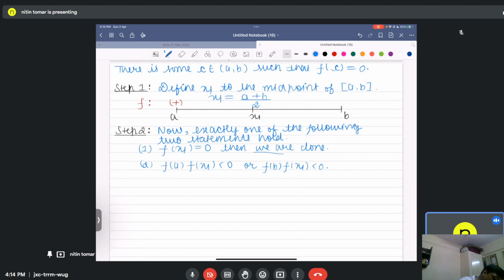So if case 1 holds, that is f of x1 is 0, then we are done, right?